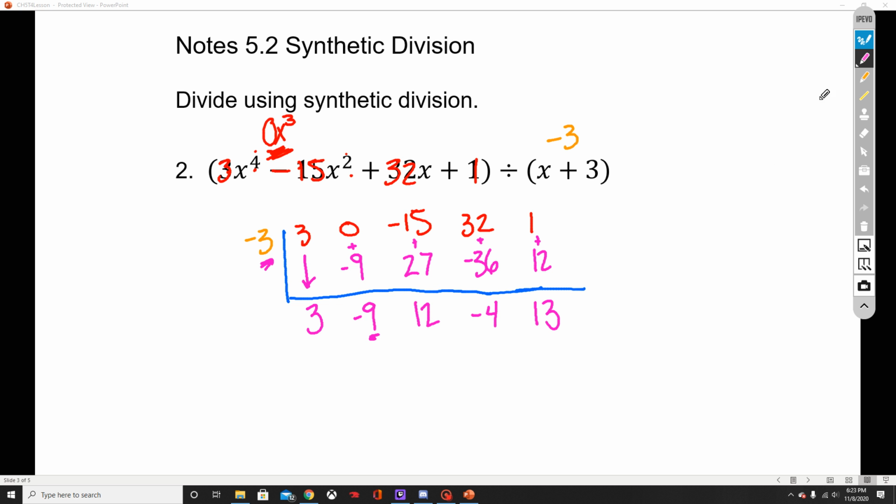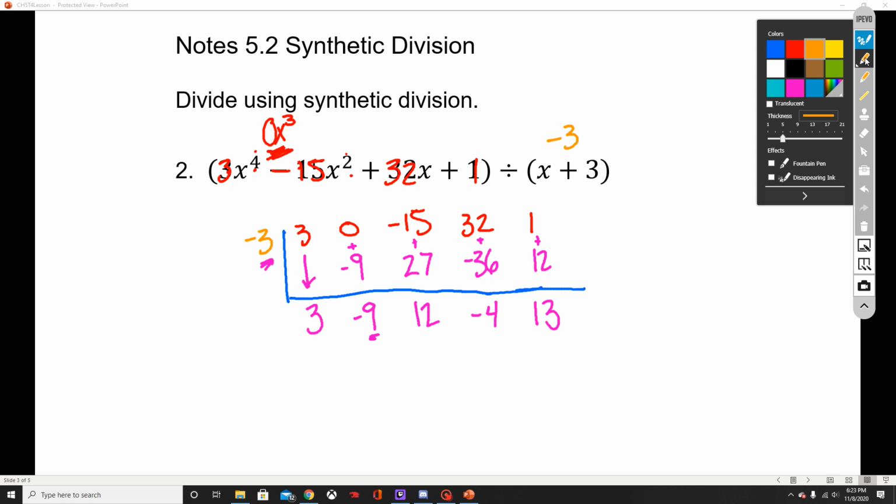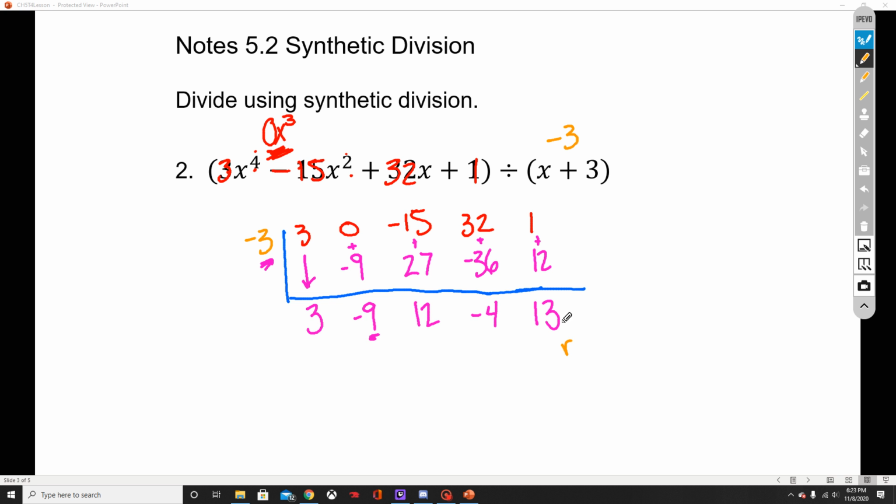All right, so these numbers represent the coefficients. This is the remainder. This is the constant. This is the x. This is the x squared. And this is the x cubed. From right to left, it always goes in that order.